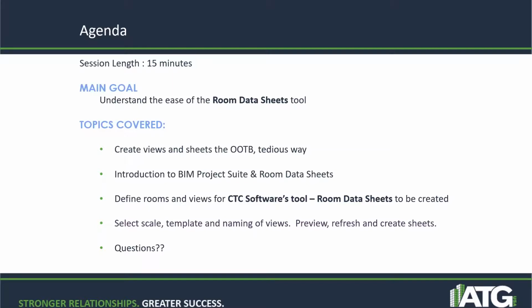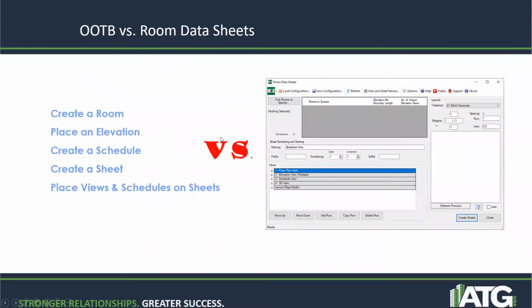We'll look at some more of the options within the tool, such as setting our scale, our view templates, naming our views, making changes, and how we can take a look at a preview of those changes before we create those sheets. We'll have some time for questions at the end. Again, this is just a brief introduction, so we will dive in. Thanks once again for joining.